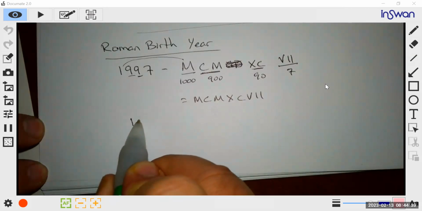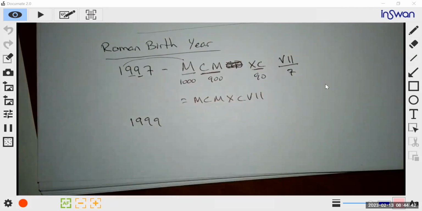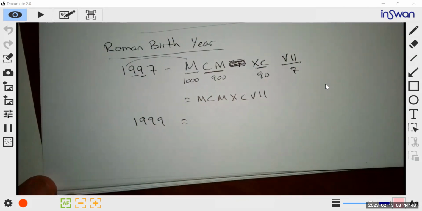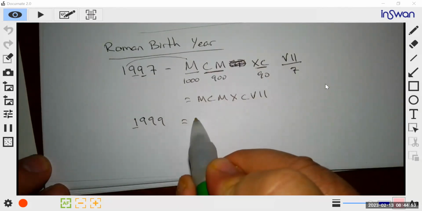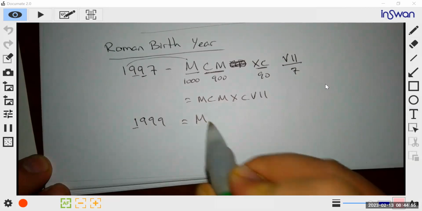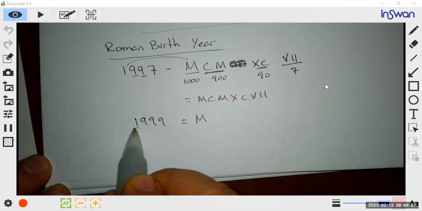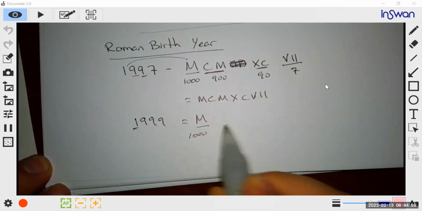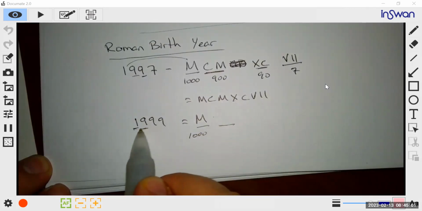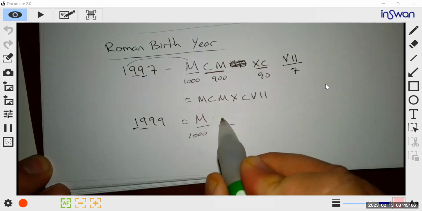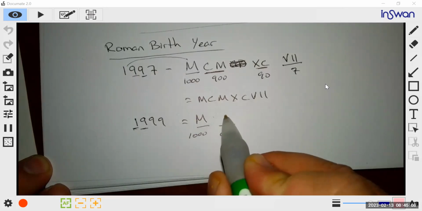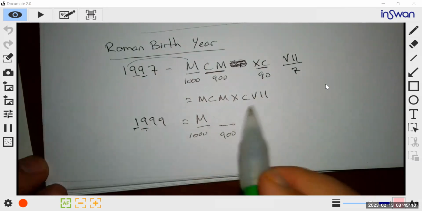1991. Ooh, that's a lot of letters. Actually, no, it's going to be pretty short. The 1, so that's M. This is 1,000. The next number, 900. No, because 900 is how far from 1,000?